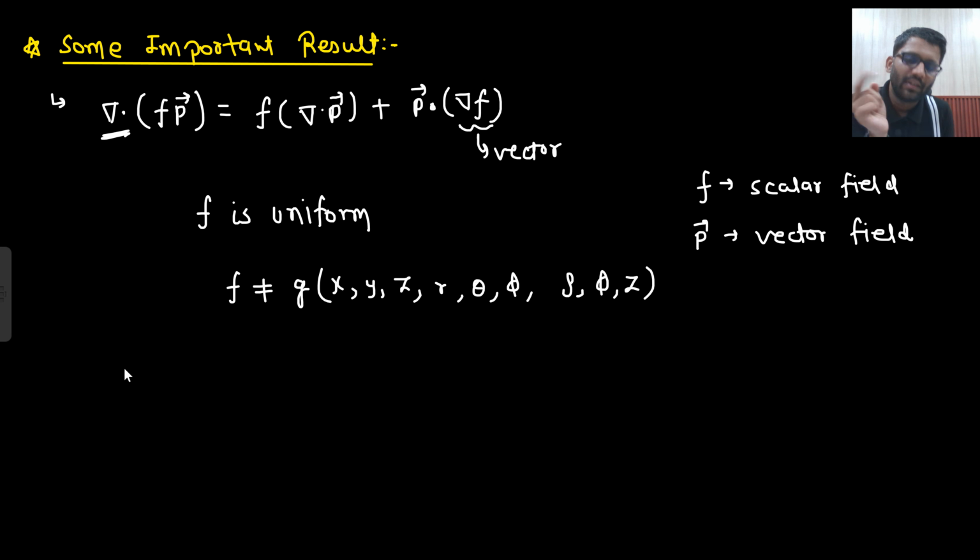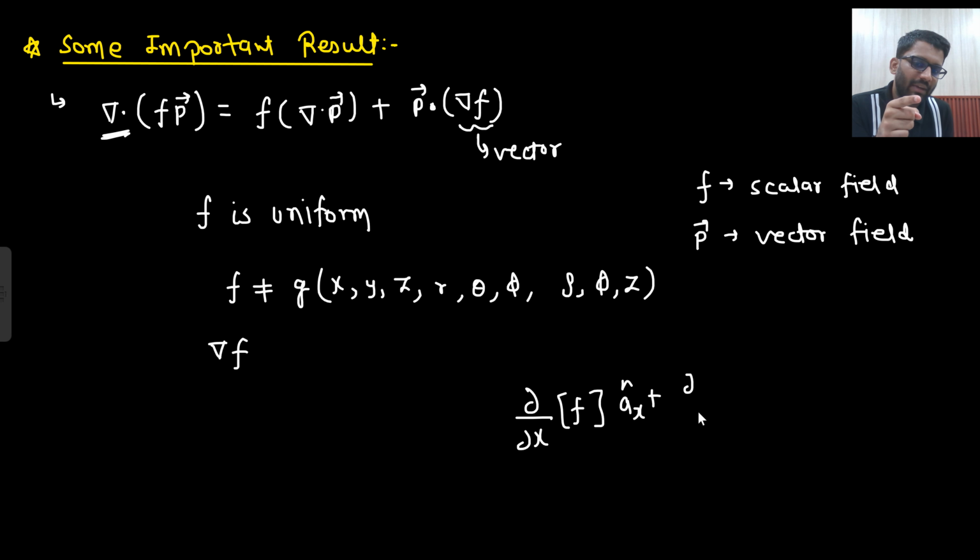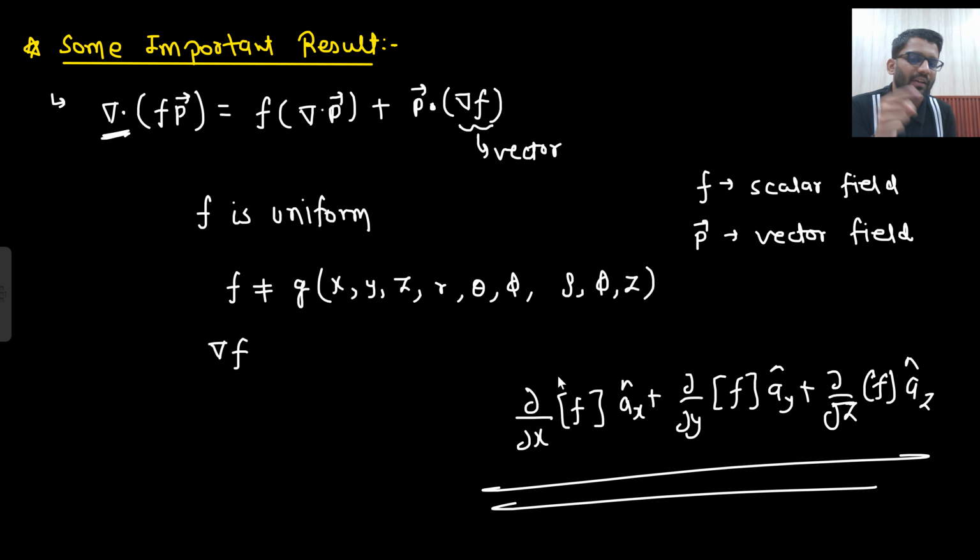If f is not a function of these, then f can come directly outward, or you can say del f, gradient of f. What are you going to write? d by dx f ax cap plus d by dy f ay cap plus d by dz f az cap. Now this is not even a function of xyz. Then what will be the value? 0, 0, 0. So del f will be 0 only.